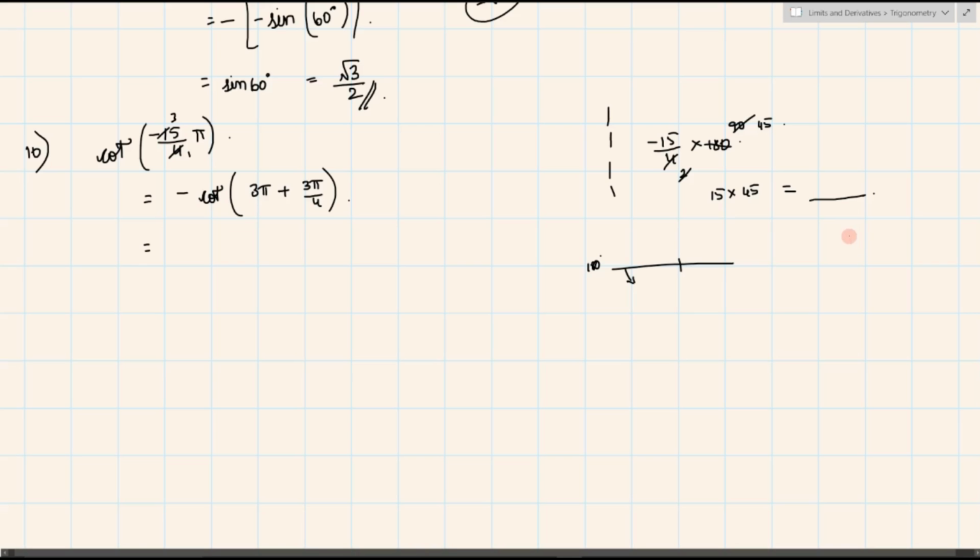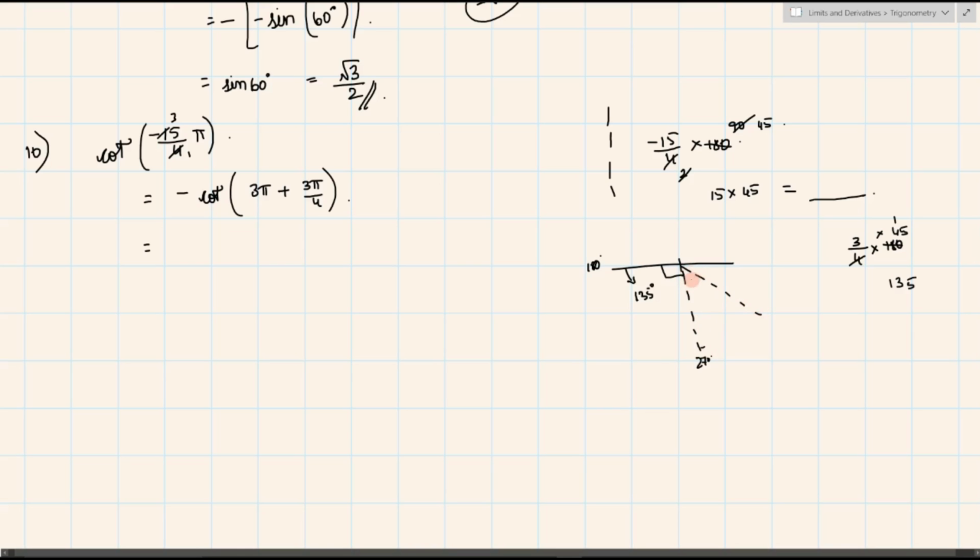3 pi by 4 is nothing but 3 by 4 into 180, that is 45 times 3, which is 135 degrees. So we are traveling 135 degrees from this line. Here we'll have 270 degrees, so we'll be traveling 90 degrees here and 45 degrees from here.